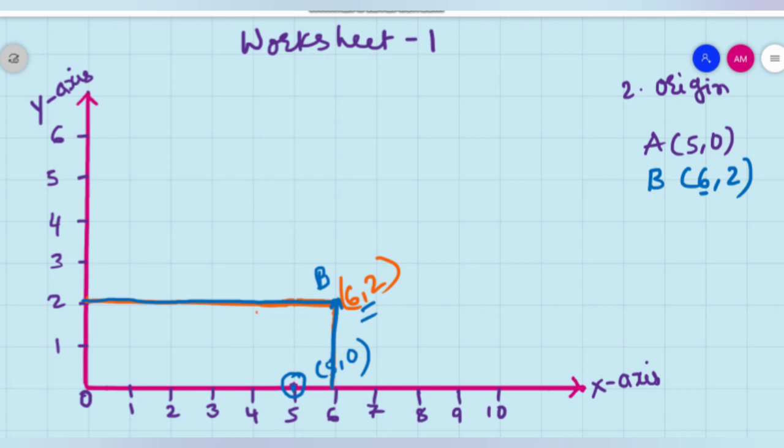Now suppose a point is given, how will you locate the position? I have told you. From here you draw a perpendicular line. It will fall on 3, I think so.